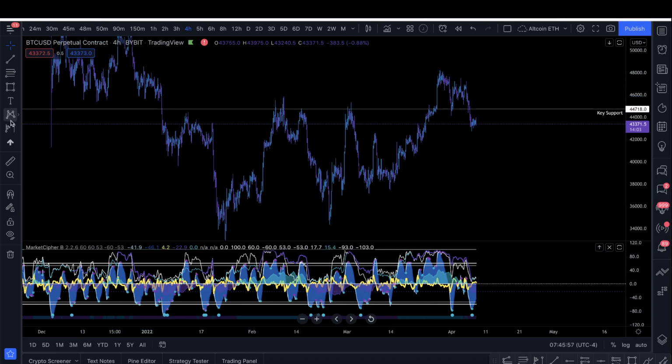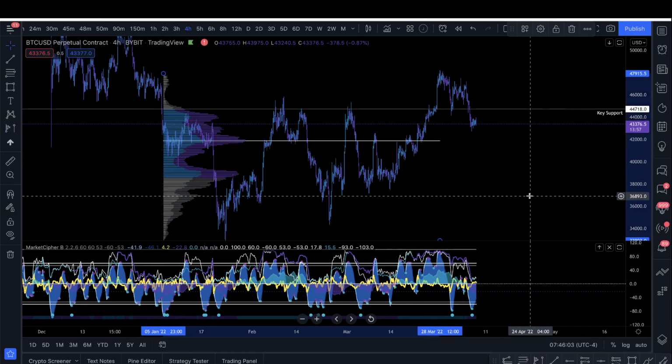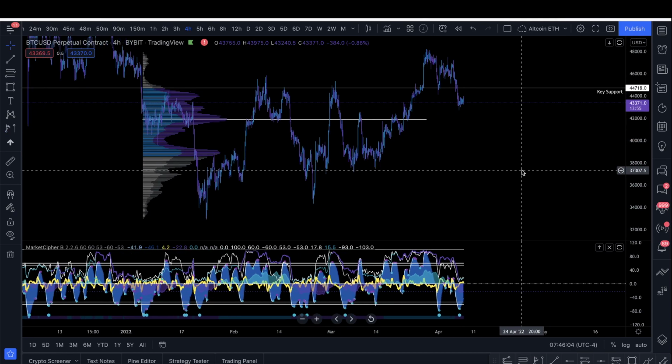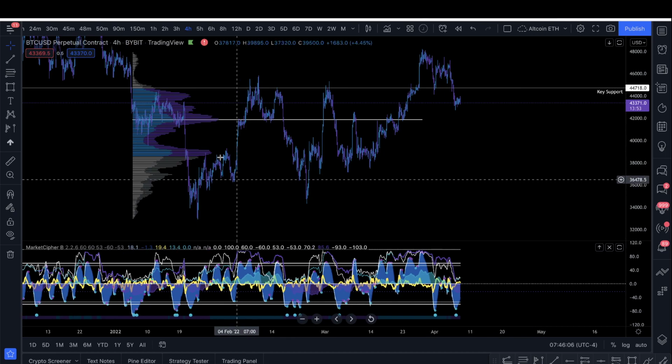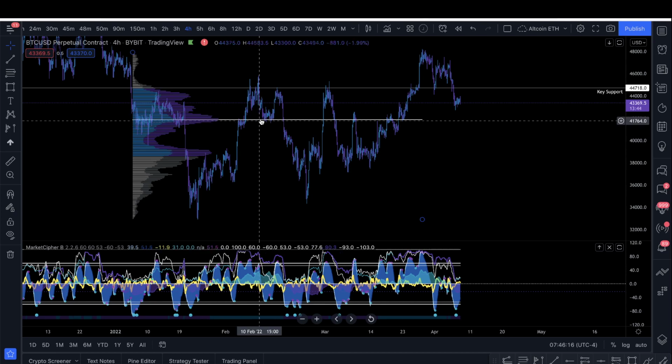We're also taking a look at the fact that when we're analyzing the volume here, we can see that we have come back into a previous value area. Now, if anybody is unfamiliar with what a value area is, we're simply looking at the volume that has been trading for Bitcoin, and what volume is telling us is at what price the most transactions took place.